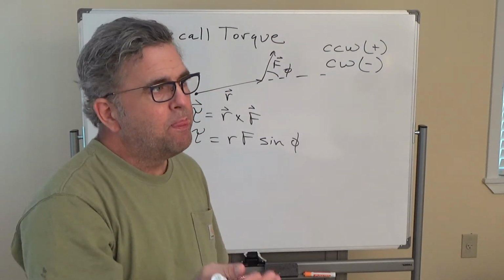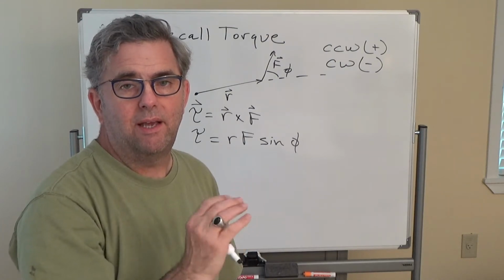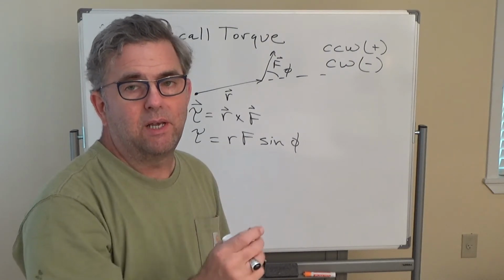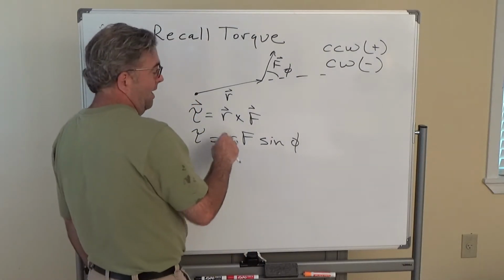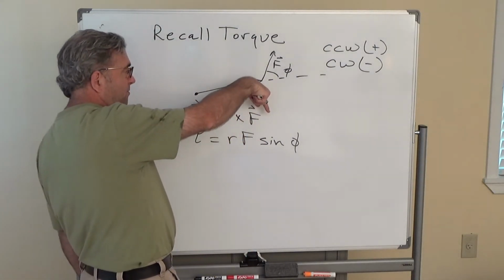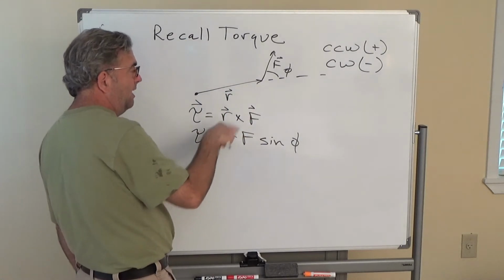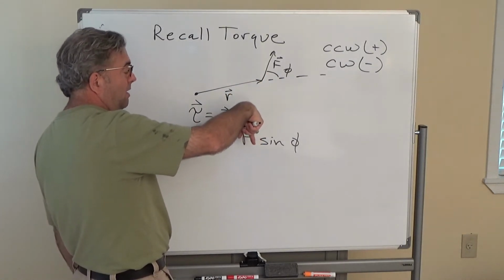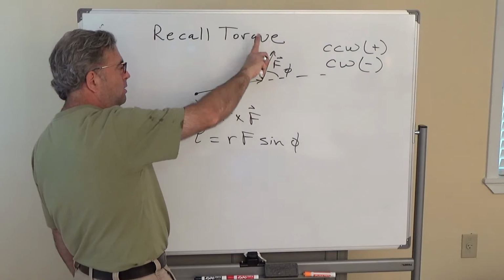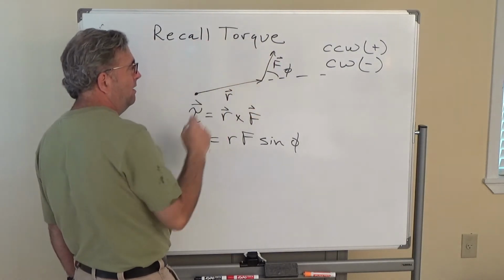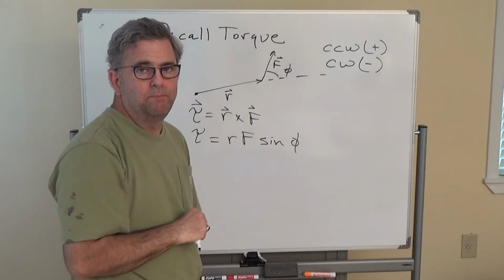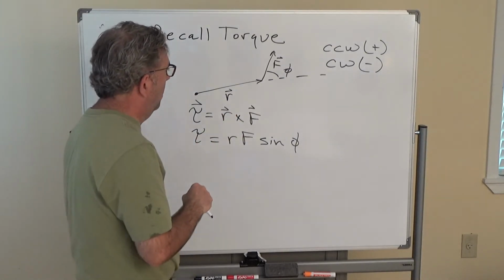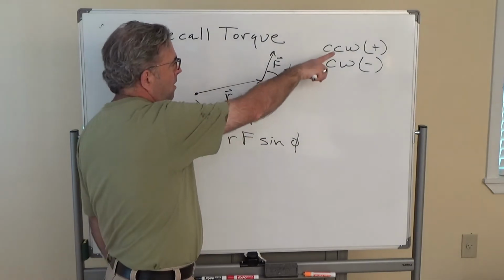You're not tending to rotate something about that axis. Okay? And everything in between. If phi is negative, that's negative torque. That's a clockwise torque. If phi is positive, that's a counterclockwise torque, the way I've set up the coordinate system. And that's a positive torque.